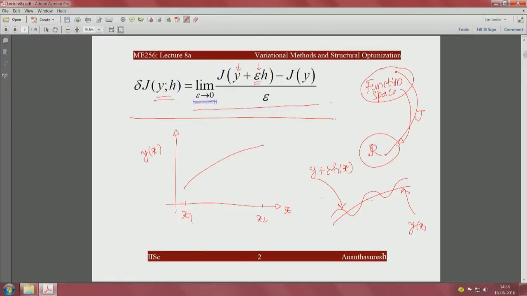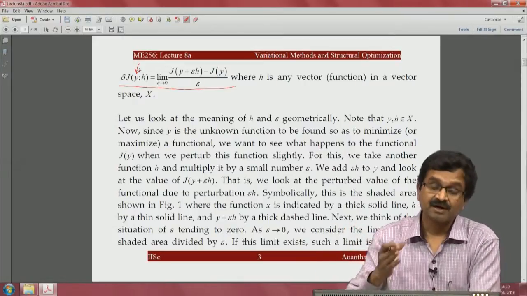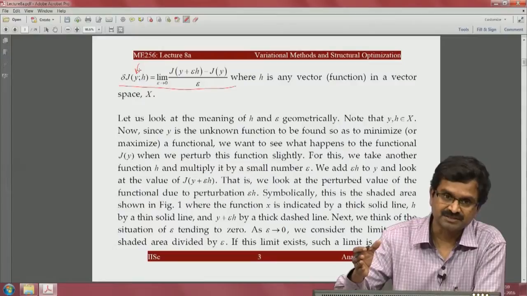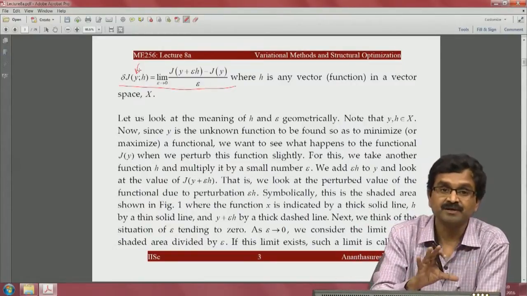Okay. So, let us recapitulate once again that Gateaux variation is now defined at a particular function, just like the derivative of a function will be different at different values of x. Gateaux variation is also different at different functions, because now we have function space y of x, that is what is variable now.